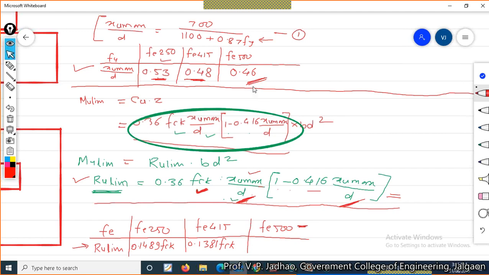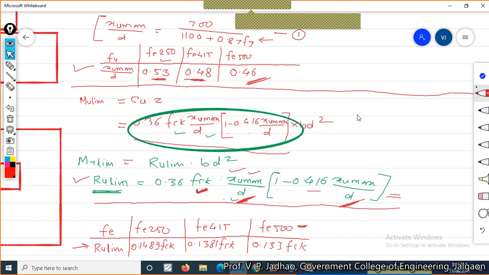Put this value of 0.46 in this equation in place of xu max upon d. So we get the value of Ru limiting is equal to 0.133 into fck. So this is how we get the value of Ru limiting.